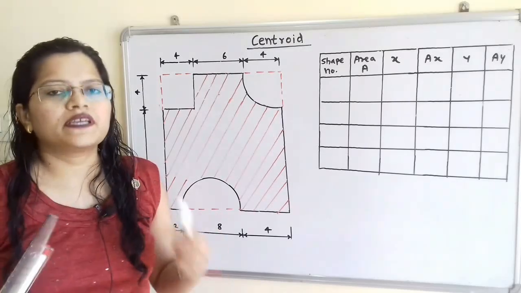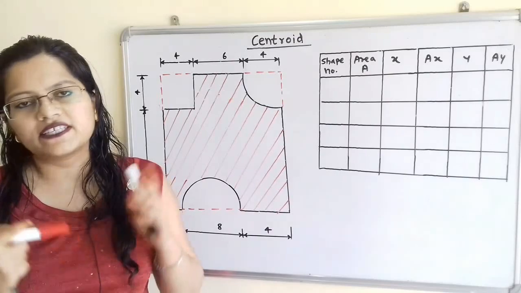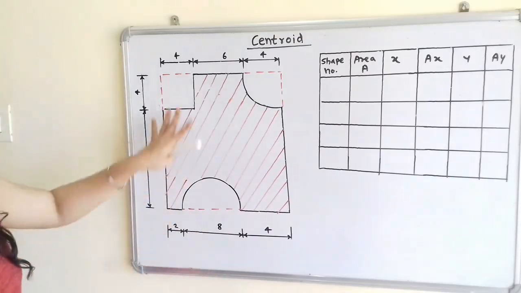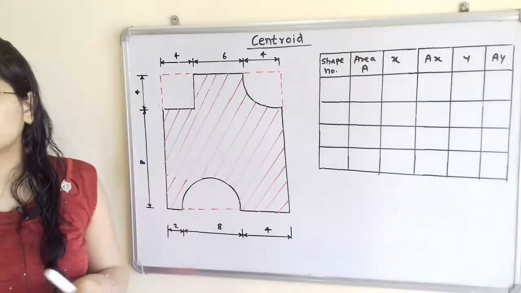Now next step is to select x-axis and y-axis. We have to select this axis in such a way that this whole construction or this whole shape will be in the first quadrant.